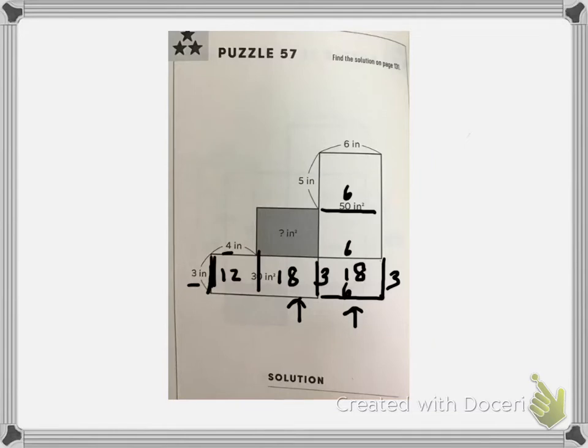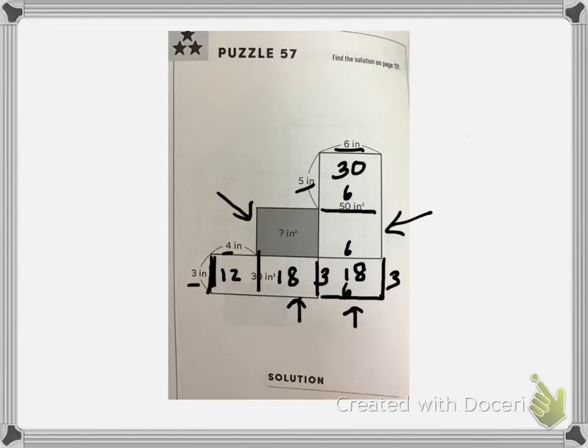That's helpful for us because that means this middle rectangle on the right will be equal to the shaded rectangle that we have on the middle left. So that's going to help us out. I notice on the top right, we have a length of 6 and a width of 5. That gives us an area of 30.